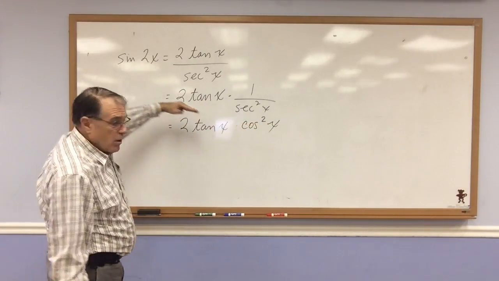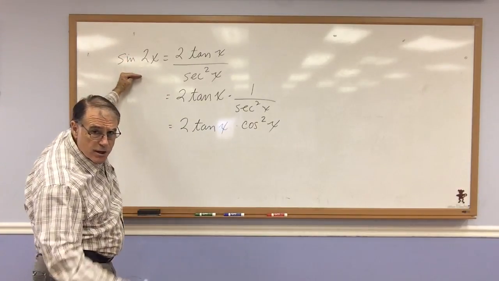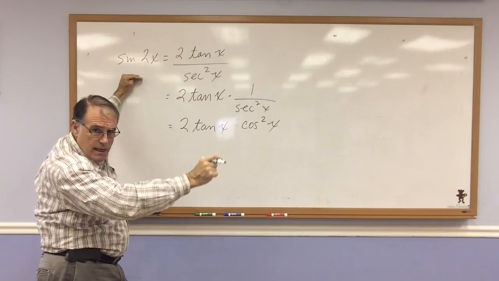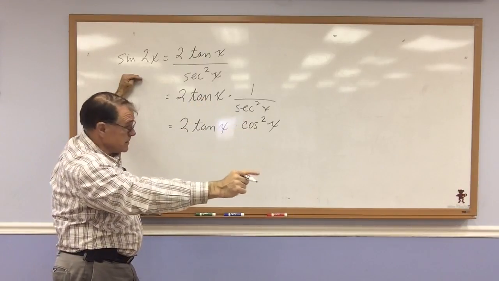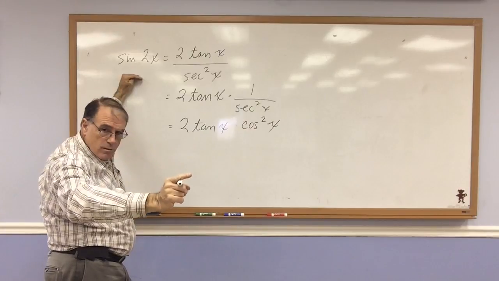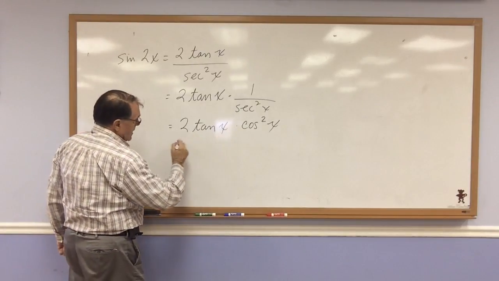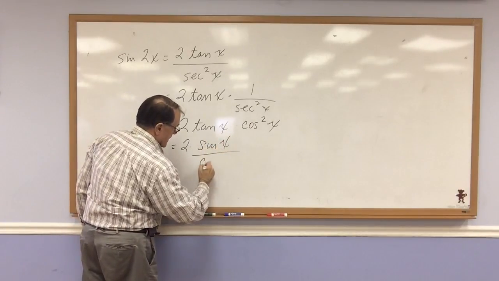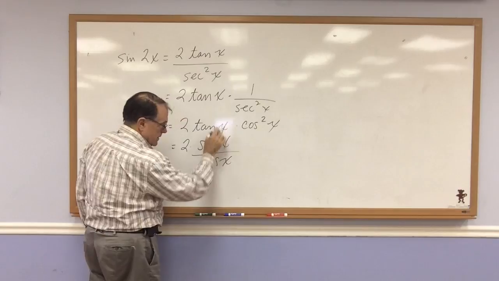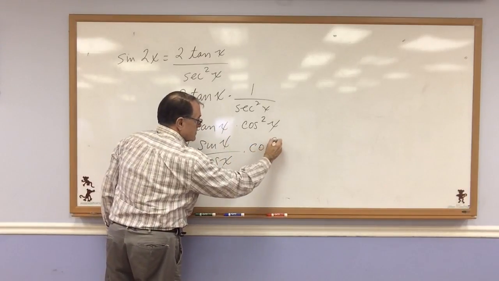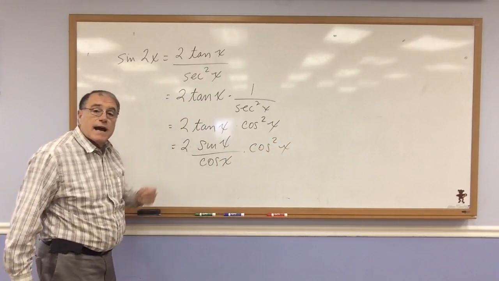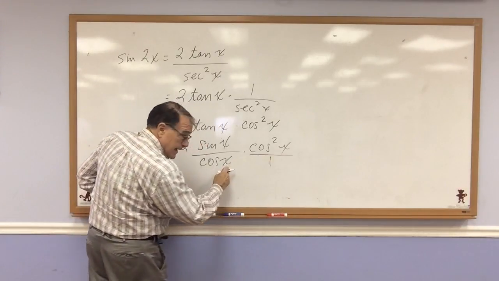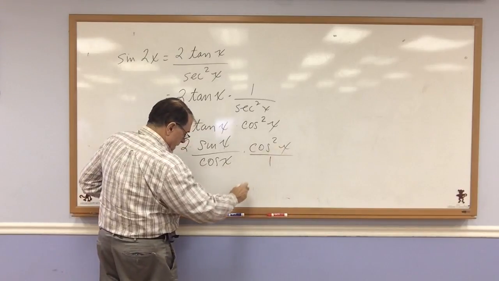Now remember where I want to get. I want to get to the sine of 2x. Remember, sine 2x is 2 times sine x times cosine x. And you might begin to see that I'm almost there, because I can take tangent x and write that as sine x divided by cosine x, times cosine squared x.